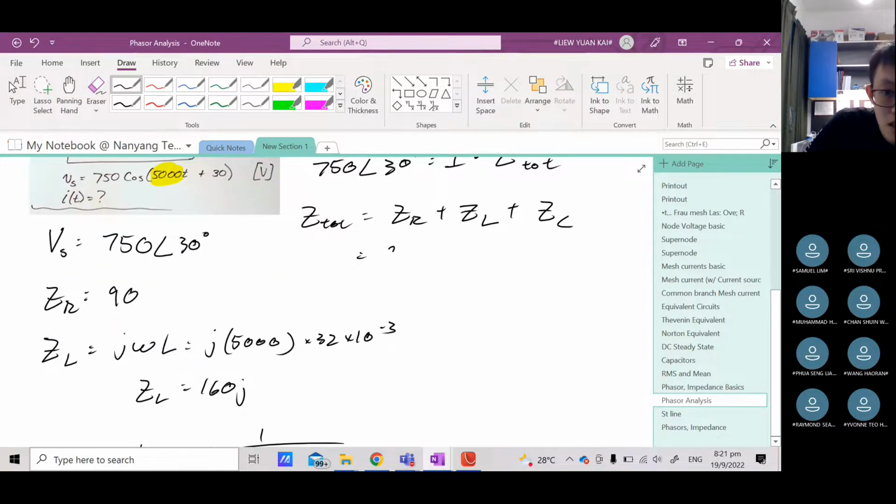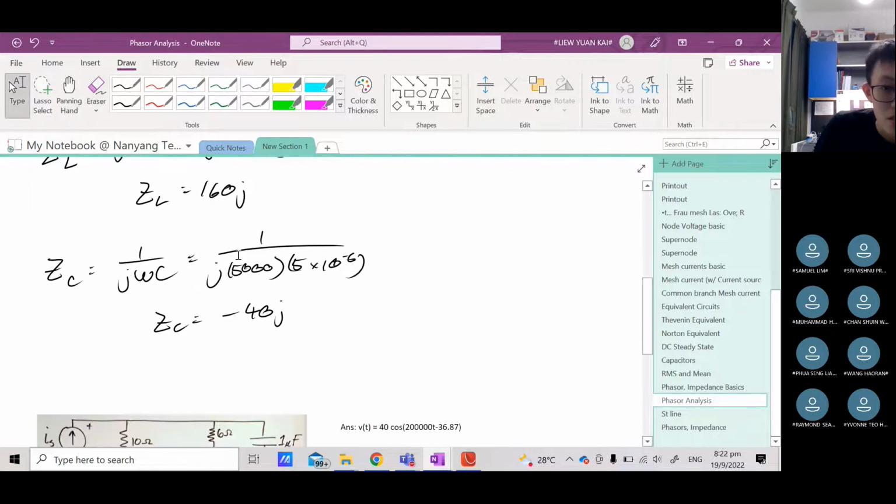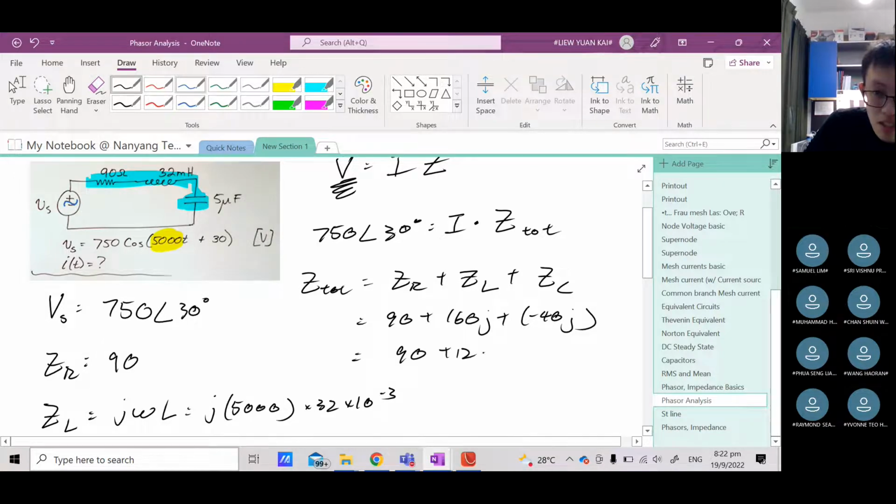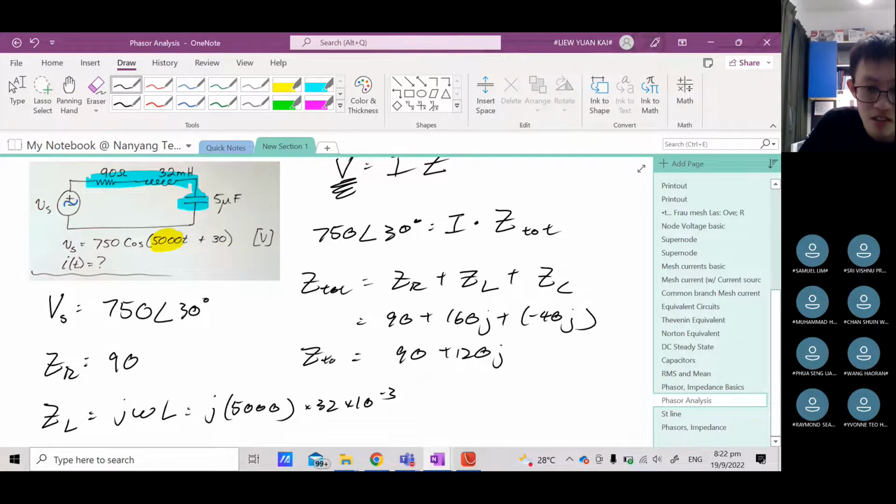So 90 ohms plus 160 J ohms plus minus 40 J. If you add this together, you get 90 plus 120 J. So you can just leave it in rectangular form first. So this is your Z total.